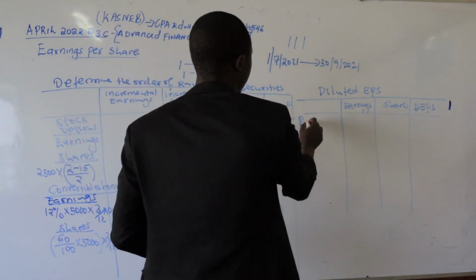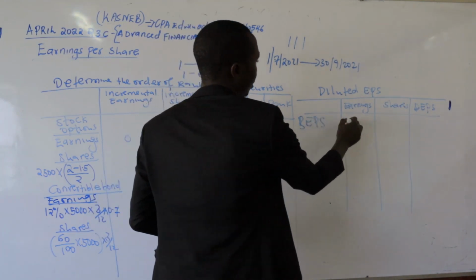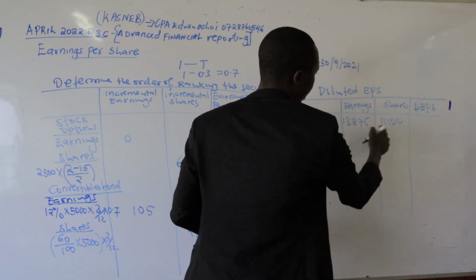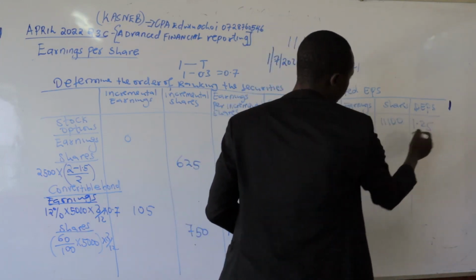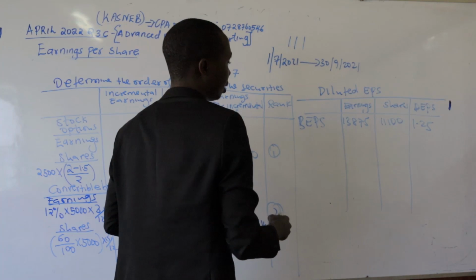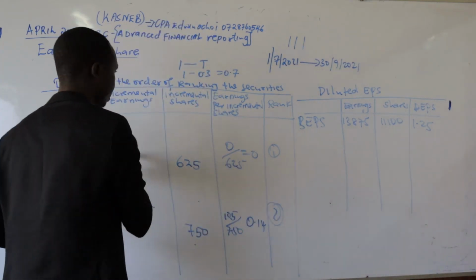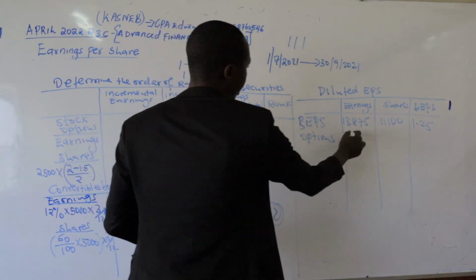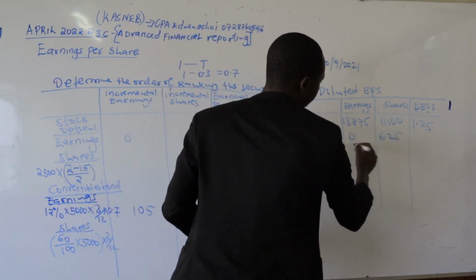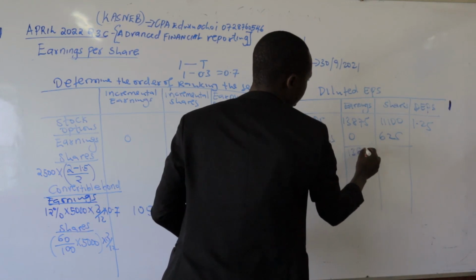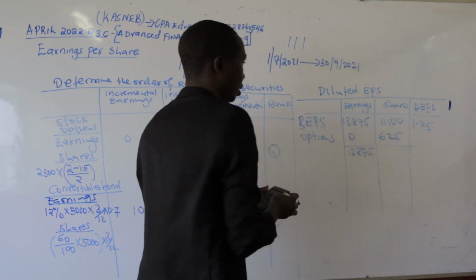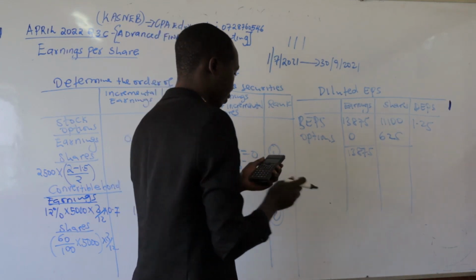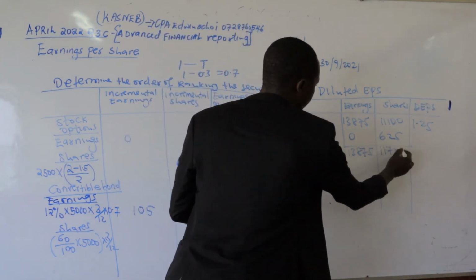So we start with basic EPS, which is 13,875 over 11,100. We divided this and got 1.25. This was from the first requirement. Number 1 here is the options, that is 0 and 625. So we add 11,100 plus 625, and this is 11,725.